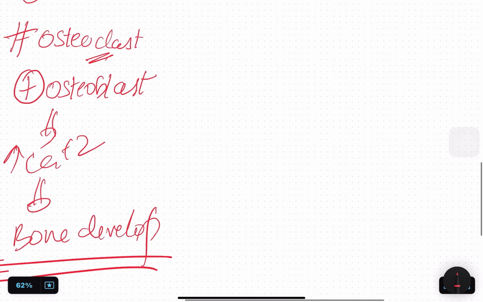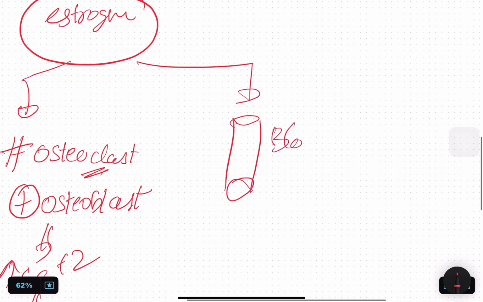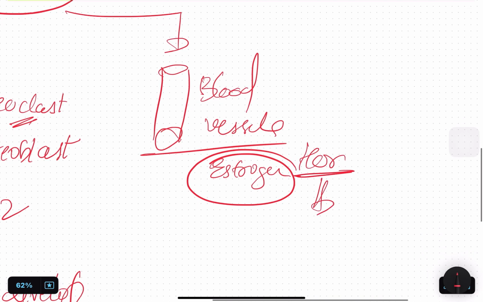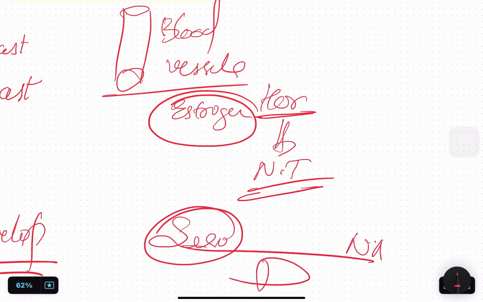Now estrogen and vasomotor symptoms, that means blood vessels. Now estrogen is becoming less. This is a hormone that has something to do with neurotransmitters. Physiology is nothing but hormones and neurotransmitters; if you know this, half of your physiology is done. In these cases, serotonin and noradrenaline go slightly up and down.